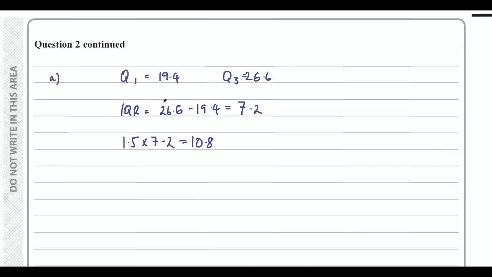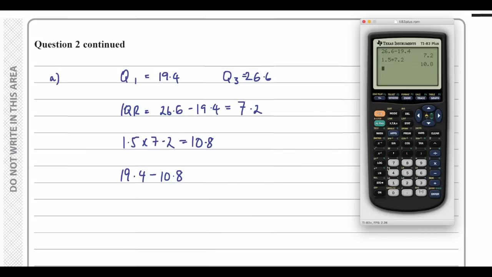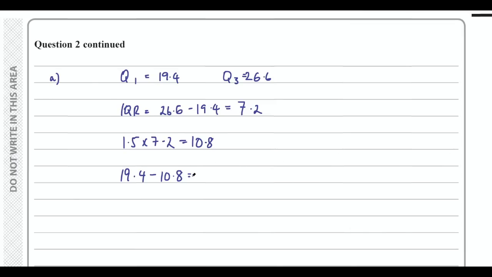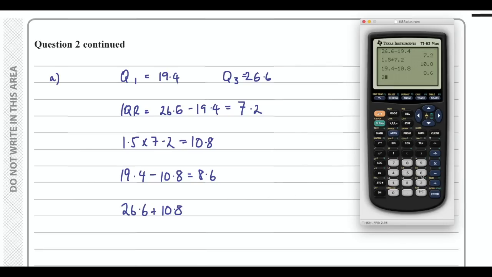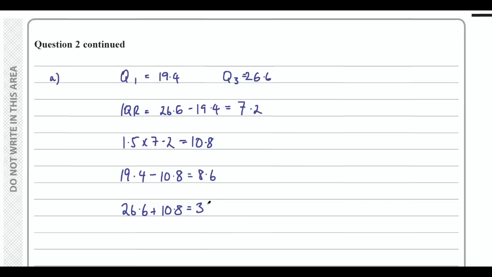Okay, so the lower quartile, take 10.8. Let's see what that is. 19.4 take 10.8. I get 8.6. Okay, and then 26.6 plus this value, 10.8. 26.6 plus 10.8, and I get 37.4.